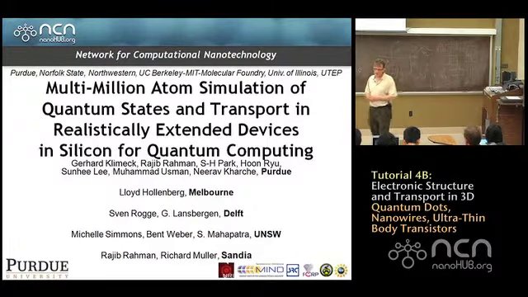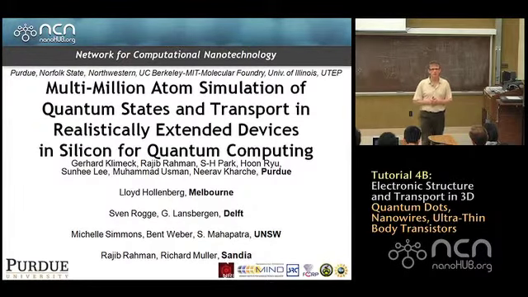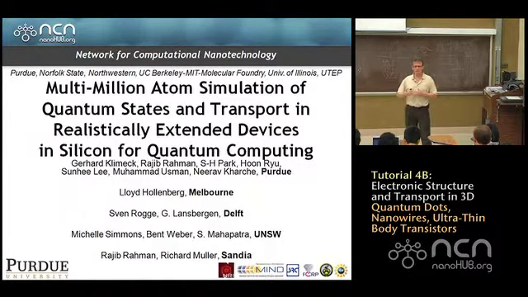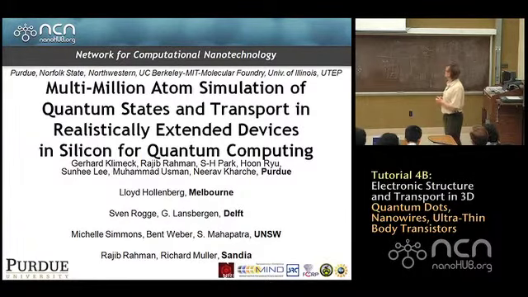So this presentation is overviewing what NEMO3D can do in silicon quantum wells and in silicon with individual impurities, and it gives you an overview of the importance of atomistic modeling of realistically scaled devices, and is really geared towards quantum computing approaches.